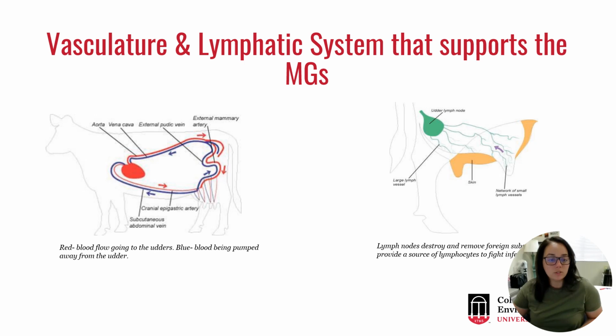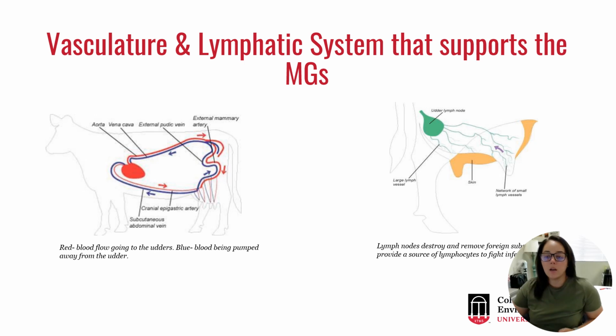But this is just showing you kind of how the blood flow comes out of the heart and goes to the mammary glands, and then versus the blood flow that's coming away from the mammary glands and back into the heart. So just kind of shows you how that flow happens. And so again, that blue line is blood being pumped away from the udders, and then the red line is the blood being pumped to the udders.